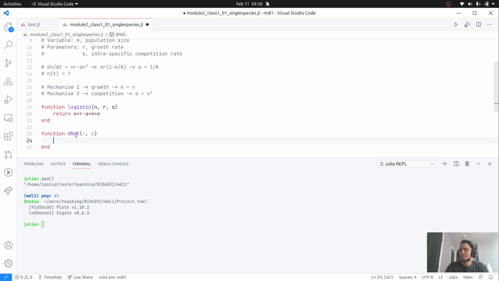You'll see here that it's not a function of n at the moment, because what we want to do is return a function of n which is going to be the logistic of n, r, alpha. So at this point, you would be within your right to wonder why. What is the point of that?